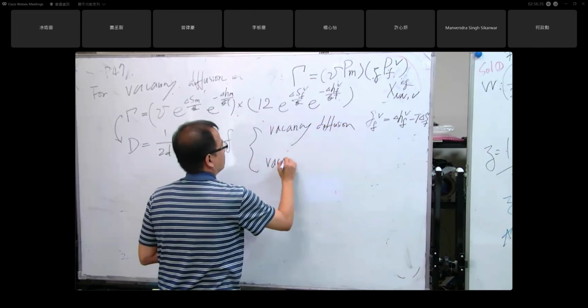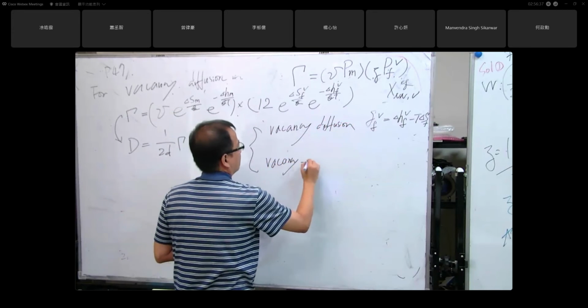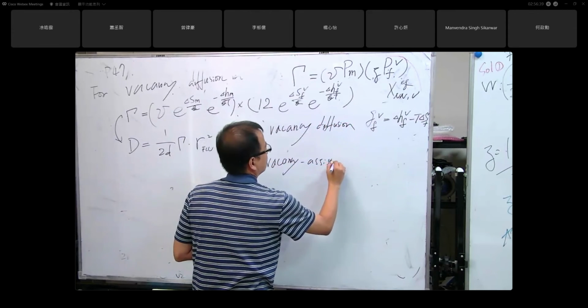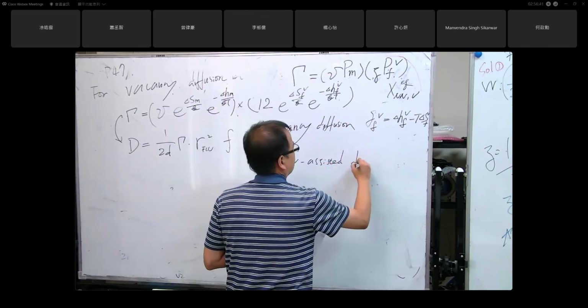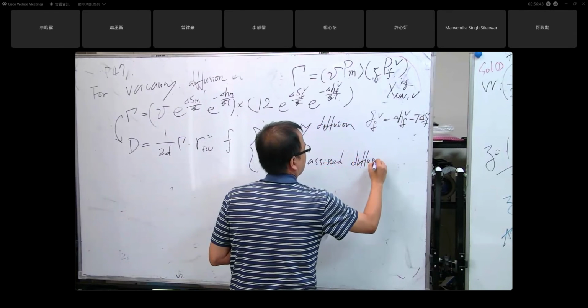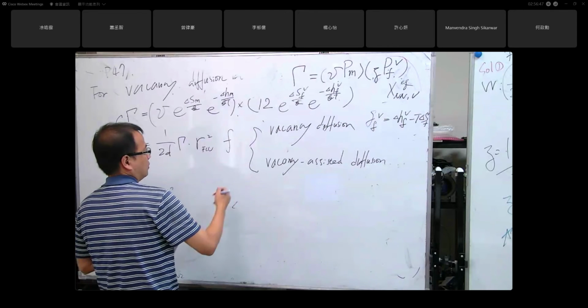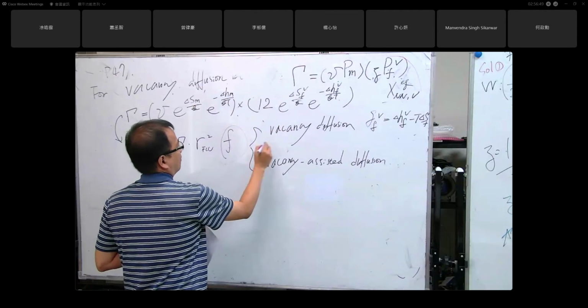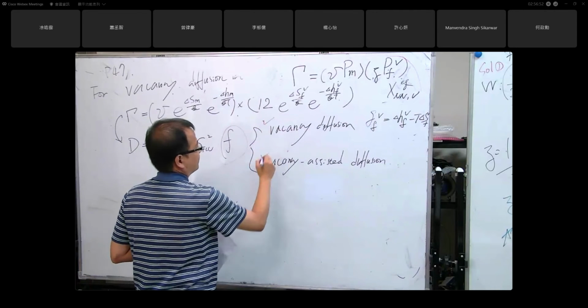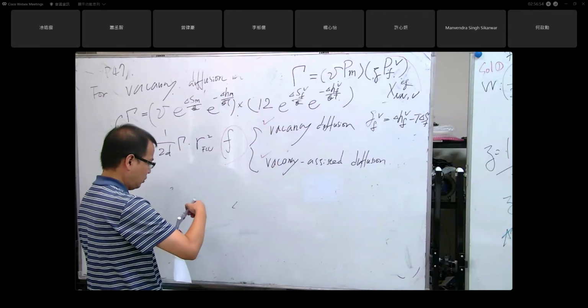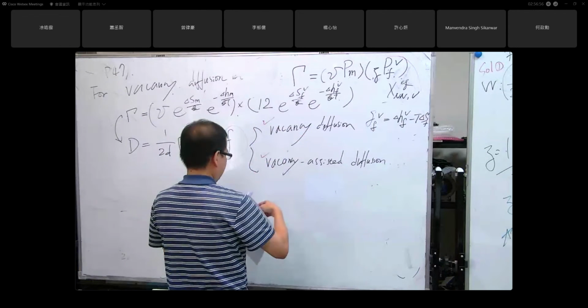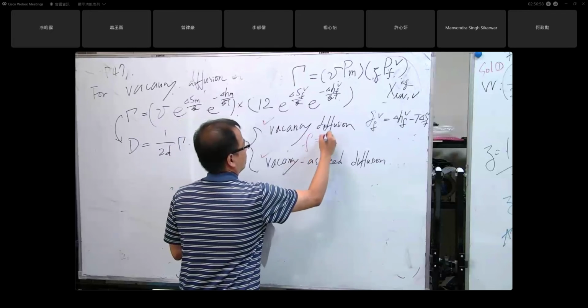So be careful for this one. This one must be judged by either this or this. For the top one, f equals 1.